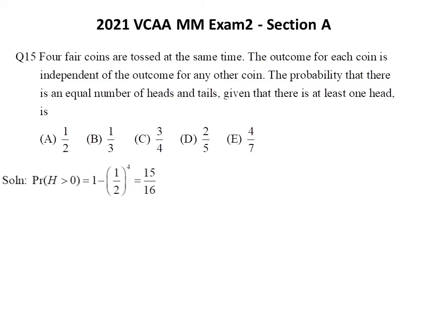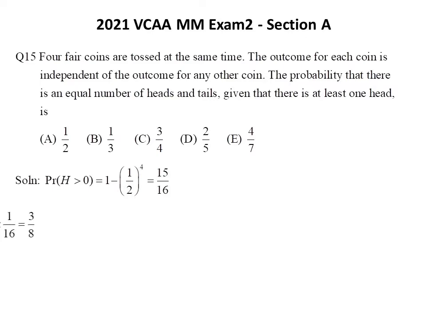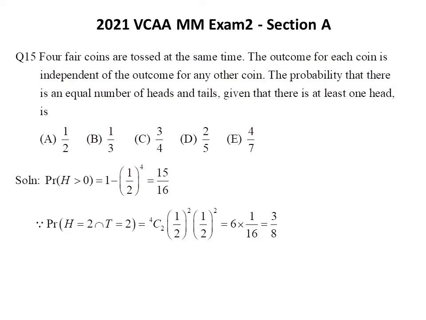The probability of showing at least one head is 1 minus (1/2)^4, which equals 15/16. The probability of having 2 heads and 2 tails is 4C2 times (1/2)^2 times (1/2)^2, which equals 3/8.